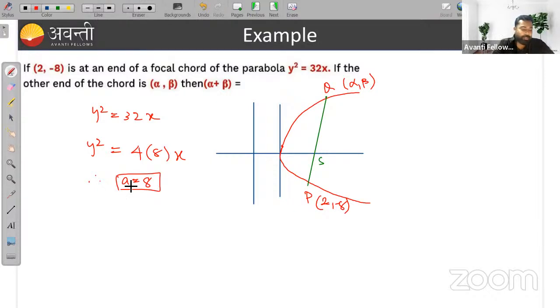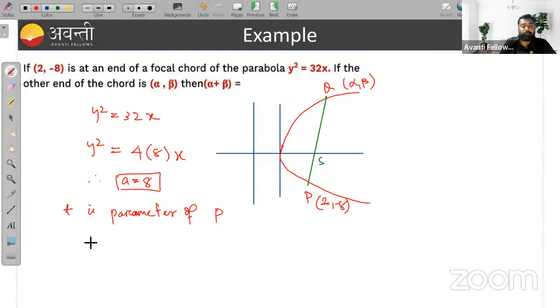Suppose T is the parameter of the point P. If the parameter of P is T, then what are the parametric coordinates of P?